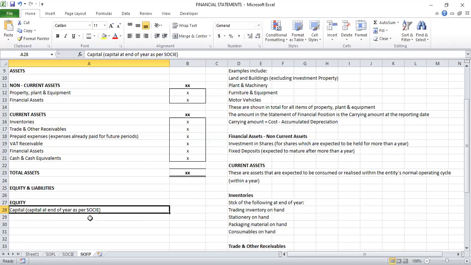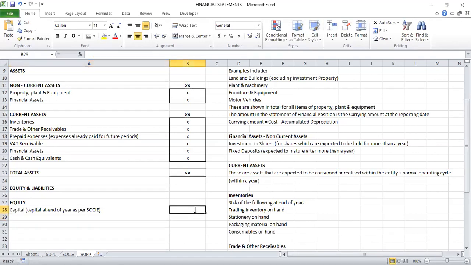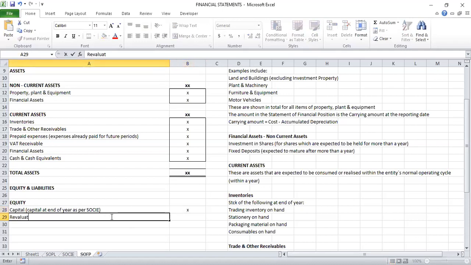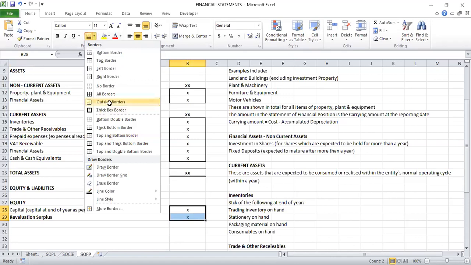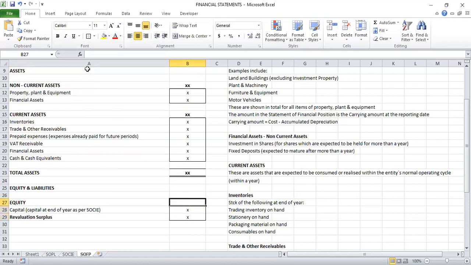Then we can also have a revaluation surplus. Remember, revaluation surplus, this is when land and buildings are revalued upwards. I think we know that in accounting, we record the loss in value of our assets and we call it depreciation.